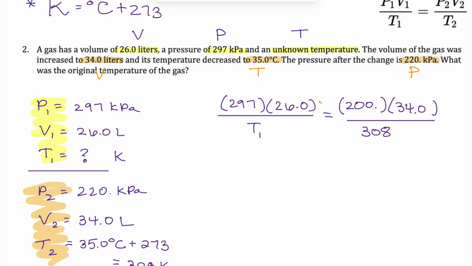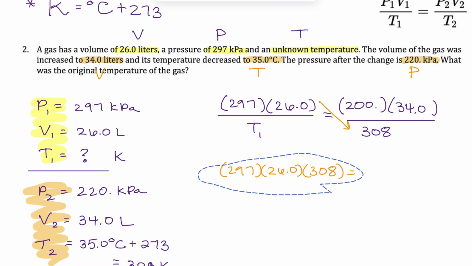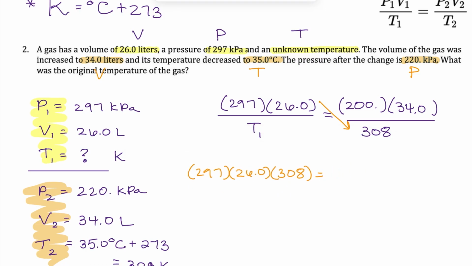Otherwise, I like to do that cross multiplying, so I'm going to multiply 297 times 26.0 times 308, and then that's going to equal T1 times 220 times 34.0. To get T1 by itself, I'm going to then divide by whatever is on the side with it.